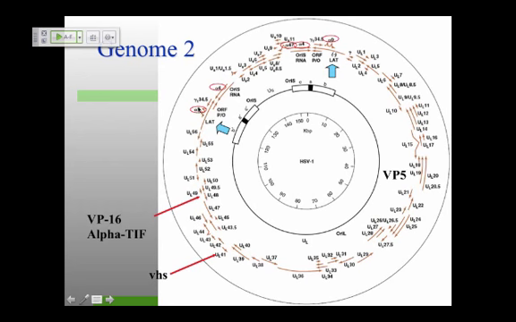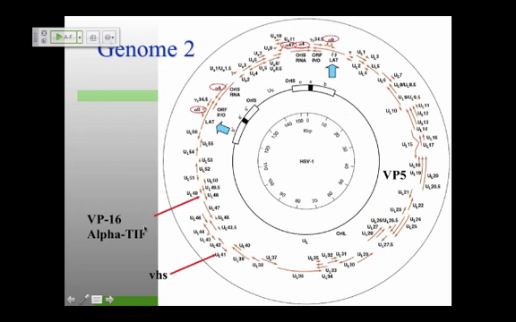So here, this is alpha 0 that we'll take a look at, alpha 4. It's in a repeated sequence, so you're going to have alpha 4 here and alpha 4 over here. Two copies of this gene. Same thing is true for alpha 0, alpha 47. These are going to be all things which are present in these particular repeated sequences.